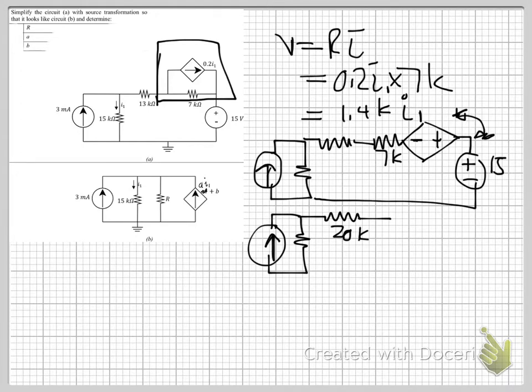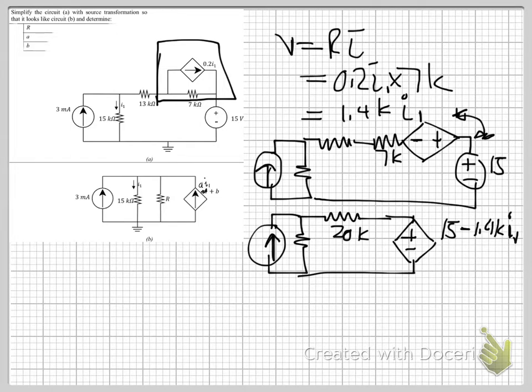Now your source, you are going to have this here as 15 minus 1.4K I1, right?